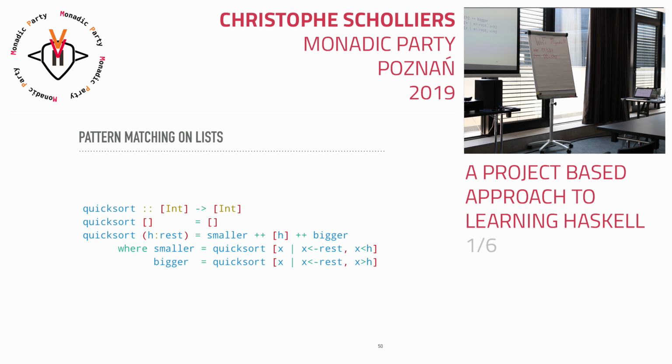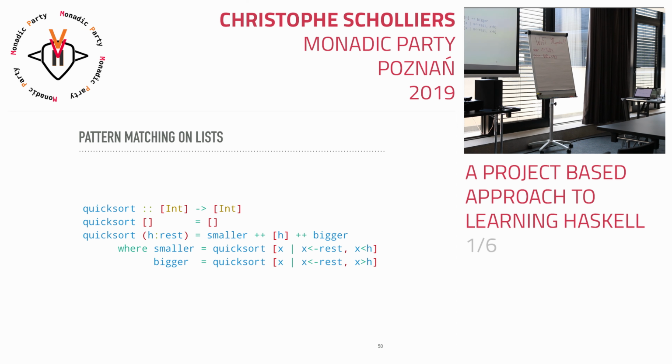It's just the empty list, right? The Quicksort of a list, and here is where we also use pattern matching. So remember this double colon, it's like the concatenation, yeah? Everybody remembers? So this means that whenever we pass a list, we are going to deconstruct it in the head of the list and the rest of the list. Yeah?